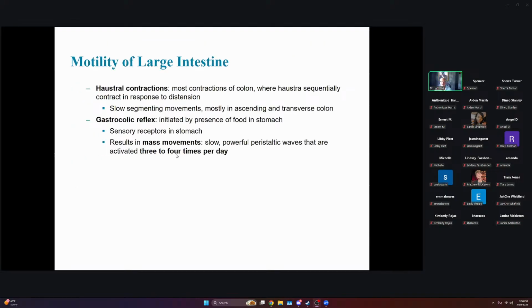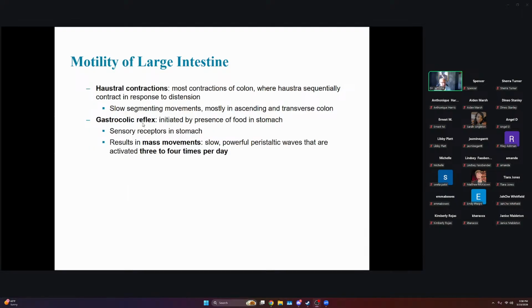Okay, I talked about previously the contractions of the haustra, that they're very important, again, to create peristalsis, to move that thicker, drier waste product through the large intestine. Okay, we also have what is called in the large intestine the gastrocolic reflex, okay?